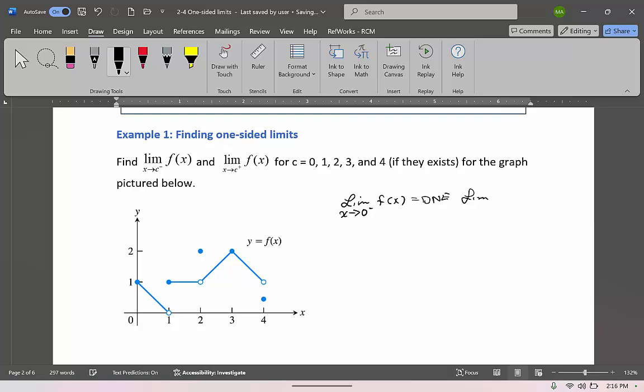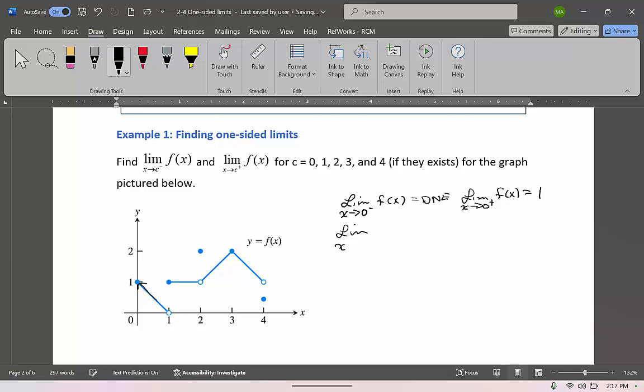But if we look at the limit as x approaches 0 from the right of the function, now when we're coming from numbers bigger than 0, we can see that the function value is approaching 1.